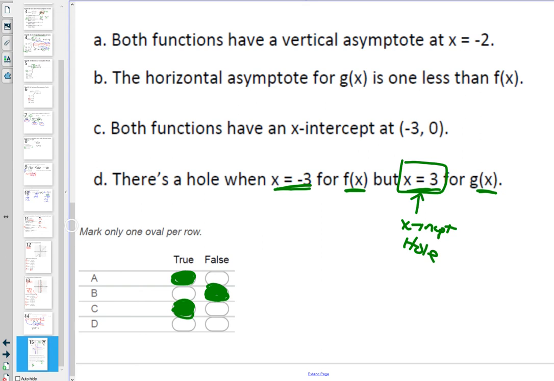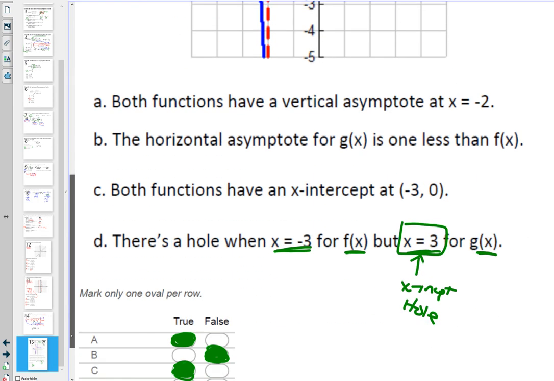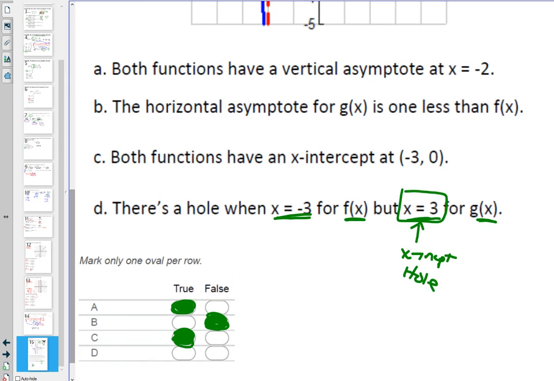Let's go look at g of x and see what's happening at 3. Here we have a hole. The reason why I think it's an x-intercept is because of the use of the word "but" here.